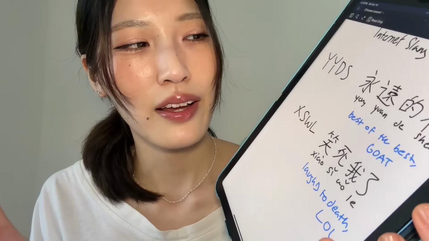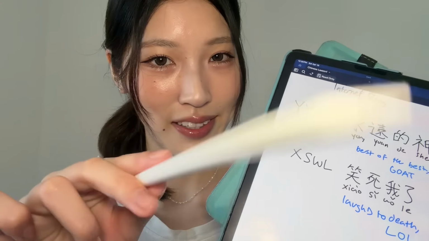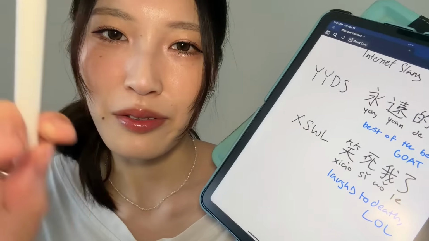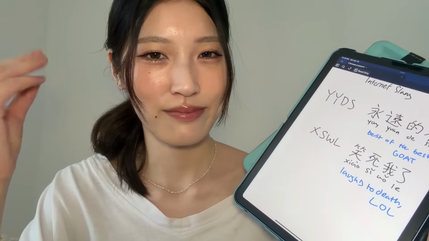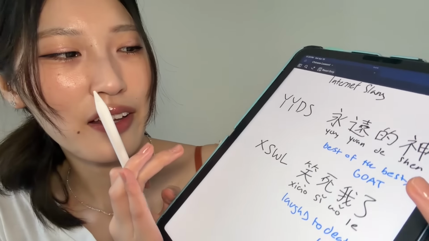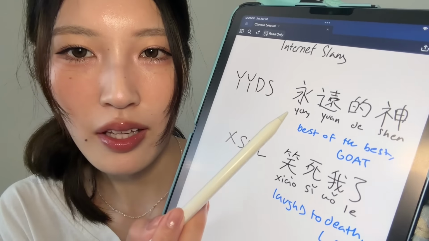Okay. This is more of a random thing I wanted to incorporate because I thought it would be fun. This is just some internet slang, online. So I thought I would share with you, just to make you more of a knower, you know? Alright, so YYDS.